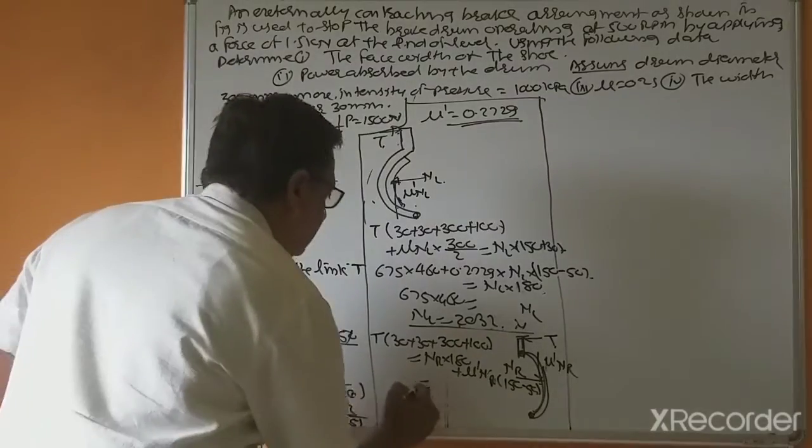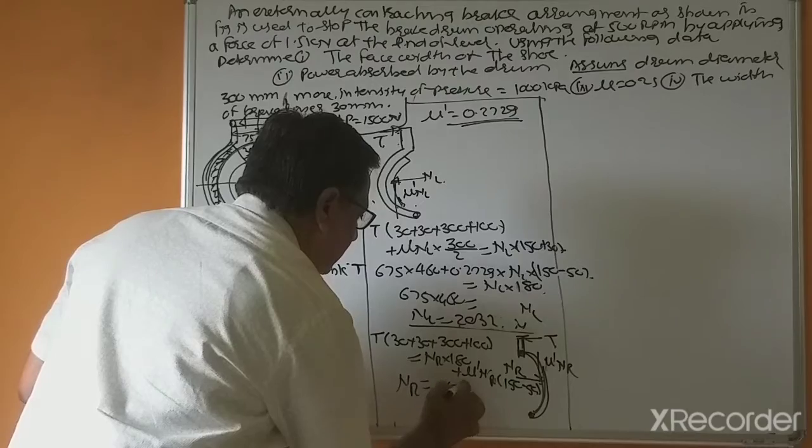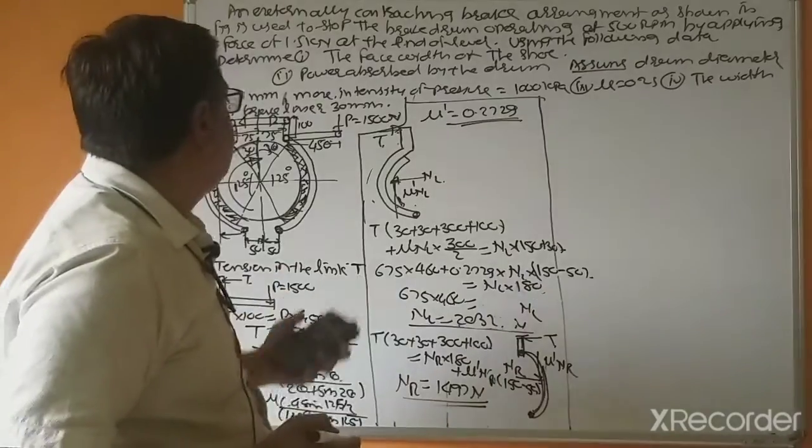So this is NR equal to 1497 Newton. Now NR is different and NL is different.